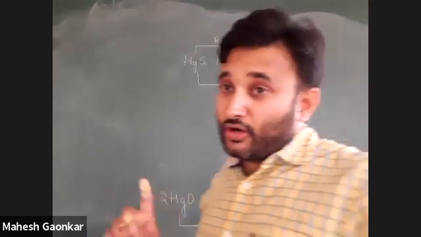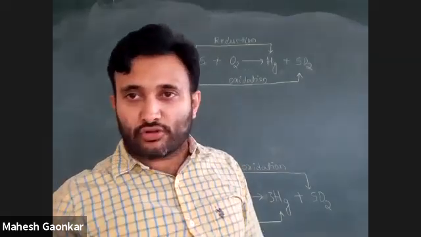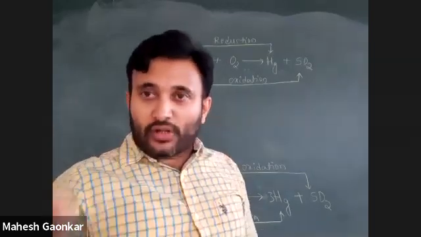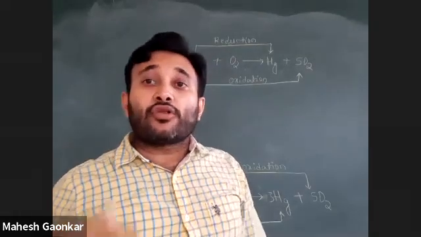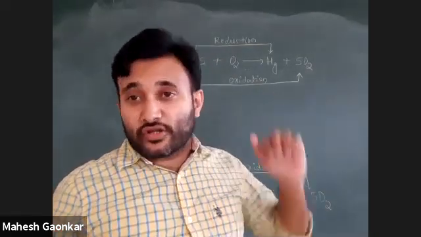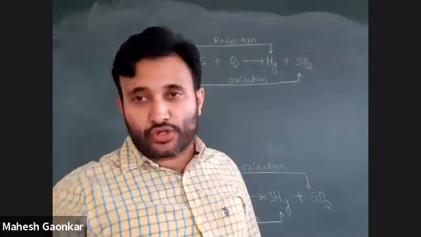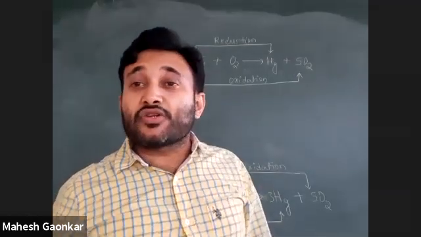Oxidation and reduction, even for your future purposes, you require more reactions. So next class also I'll take one more class for oxidation-reduction reactions. Then we'll go to the consequences of oxidation-reduction reactions, for example corrosion, rusting of iron.